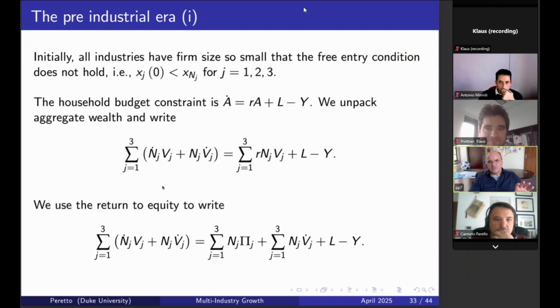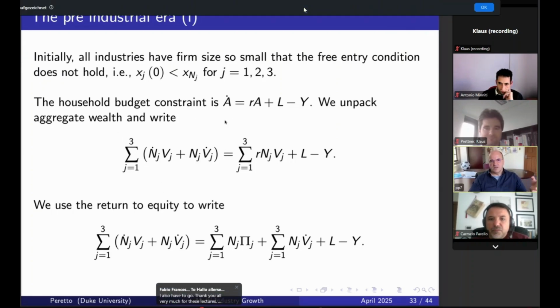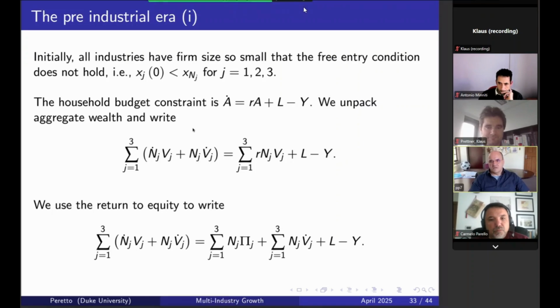The important thing is that at each step of the iteration, you always go through the exercise that I showed you earlier. You look at the budget constraint of the household, you unpack wealth, you say in which industry the free entry condition doesn't hold, initially in all of them, and you do your derivation. And what you do then, you derive an expenditure function, an associated interest rate as a function of state variables in the system.